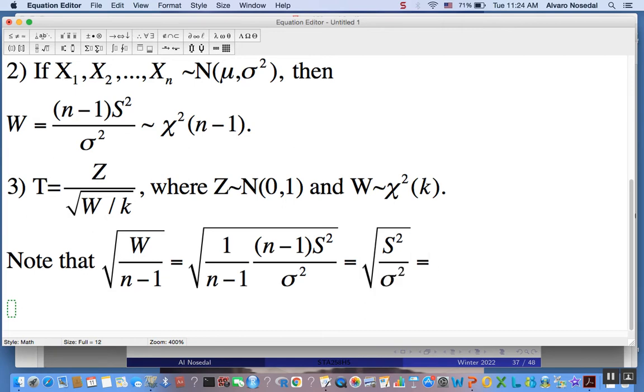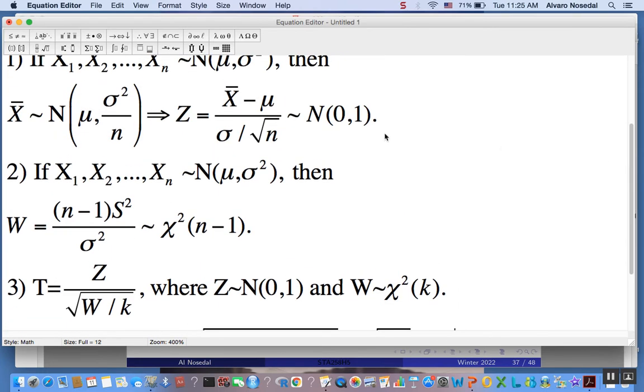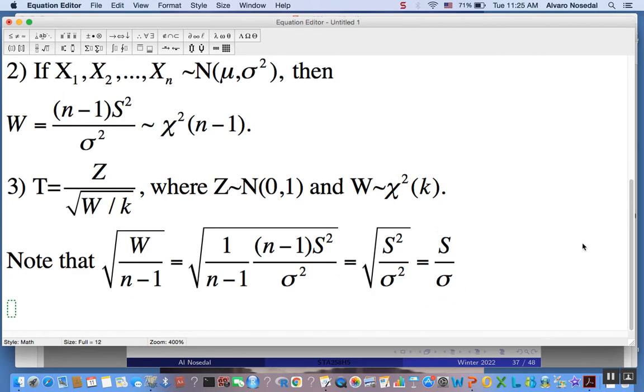But that happens to be the same as just s divided by sigma. Make sense? Okay. So now, let's divide this by this.